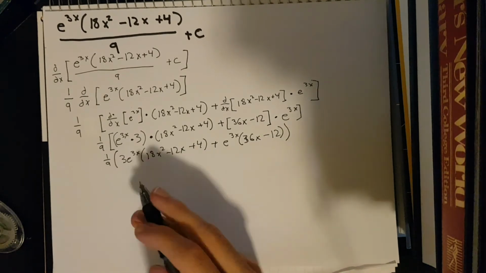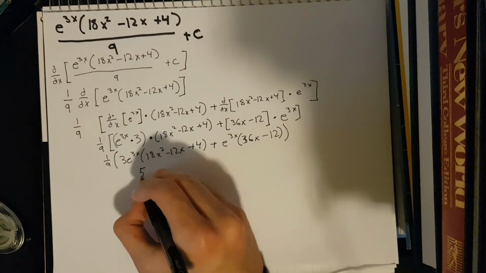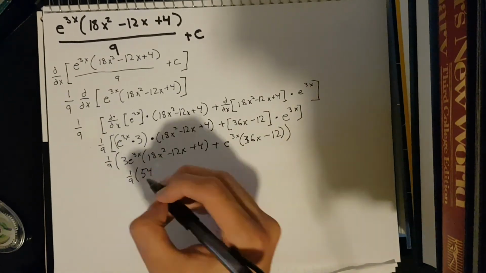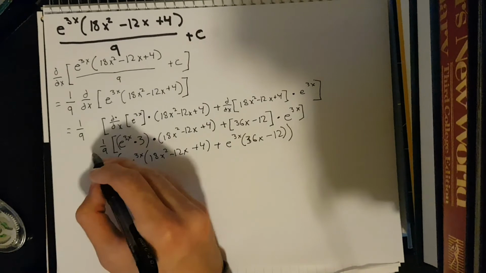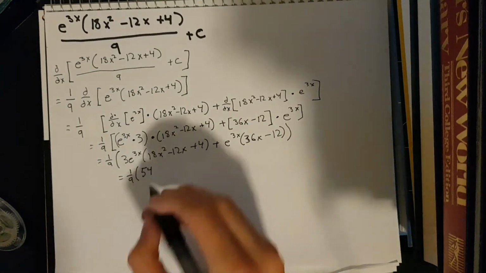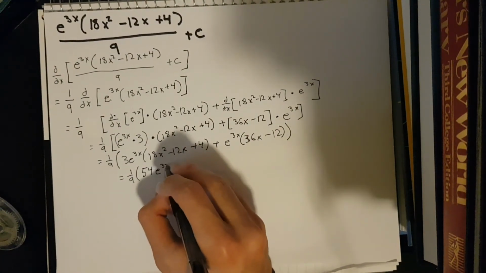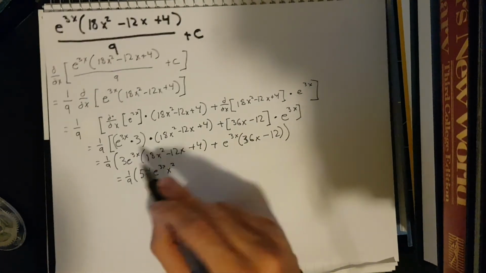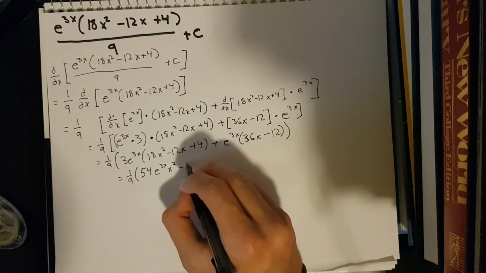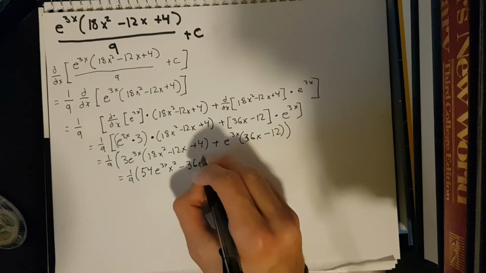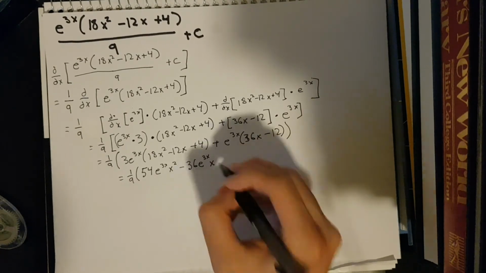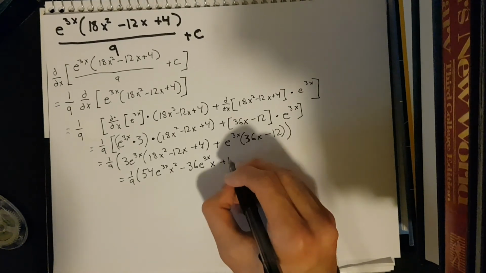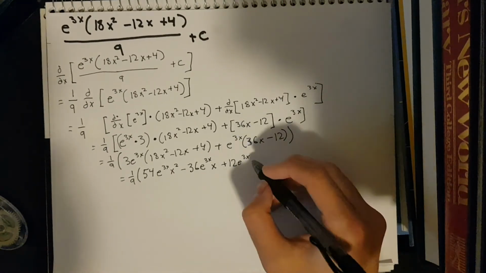So 3 times 18 would get us 54 e to the 3x x squared. 3 e to the 3x times negative 12x equals negative 36 e to the 3x x. 3 e to the 3x times 4 equals 12 e to the 3x.